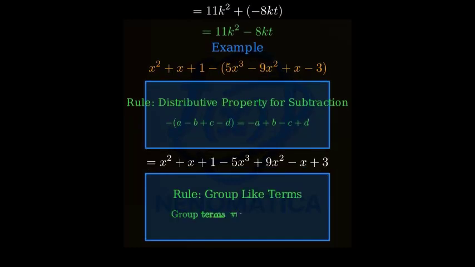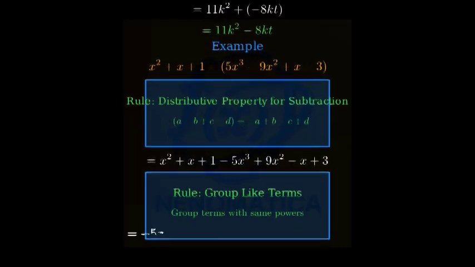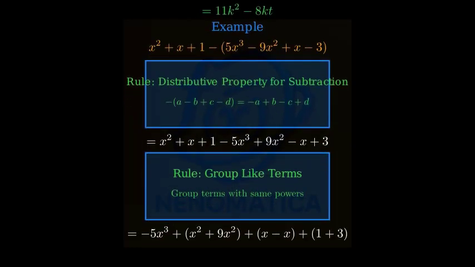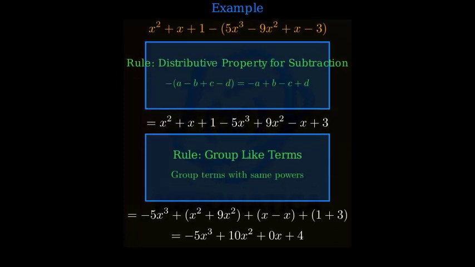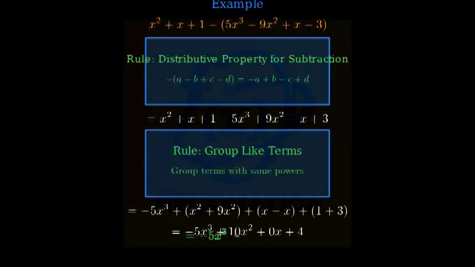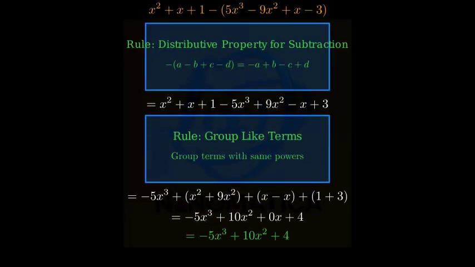Now we'll rearrange and group like terms. We get negative 5x cubed plus x squared plus 9x squared plus x minus x plus 1 plus 3. Combining like terms, we get negative 5x cubed plus 10x squared plus 0x plus 4. Our final answer is negative 5x cubed plus 10x squared plus 4.